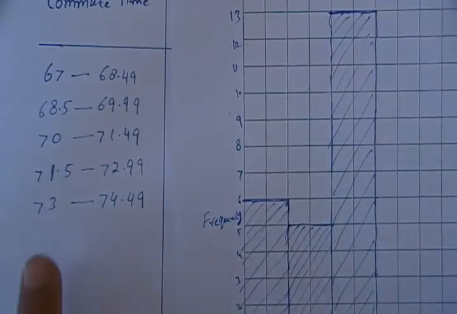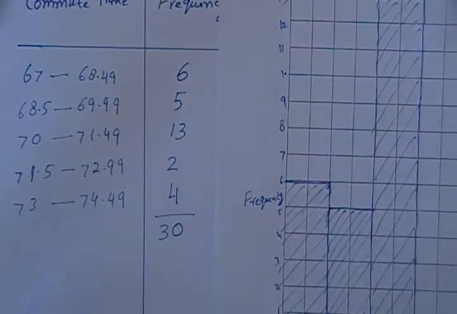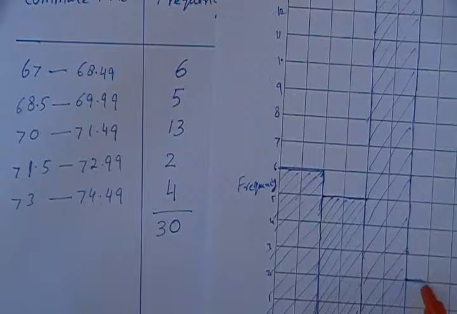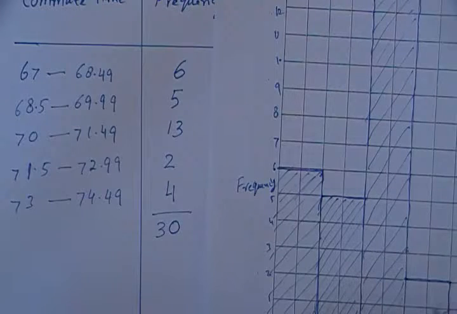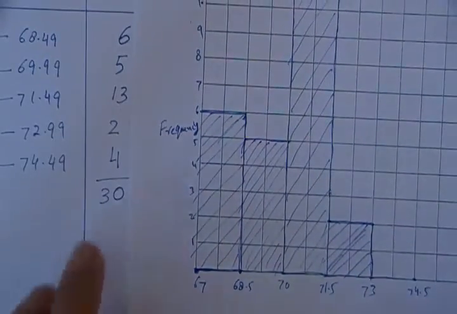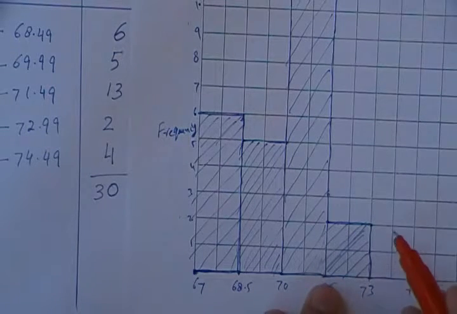The fourth one, 71.5 to 72.99, has a frequency of 2. So 1, 2, it will go like this. Then our last class has a frequency of 4, so 2, 3, 4.